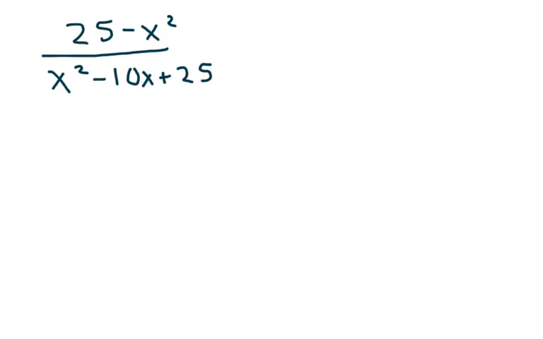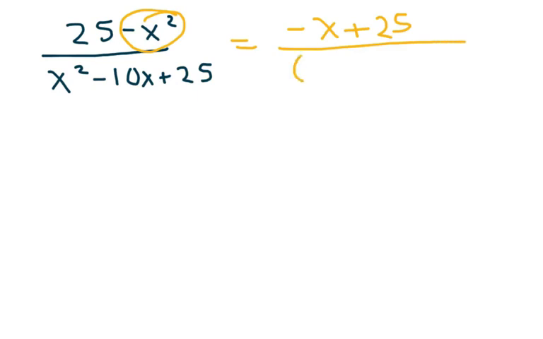I'm going to rewrite the numerator. I'm going to put the x squared first and the 25 second. I'll go ahead and factor out the denominator, which is going to be x minus 5 times x minus 5. I'm going to factor out my negative. That's supposed to be squared.